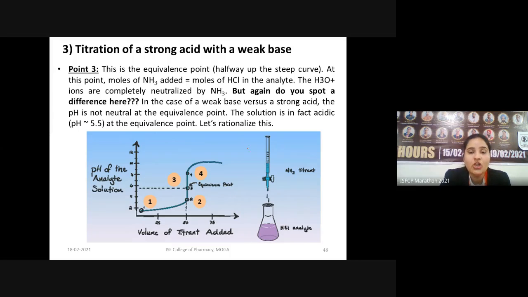At the equivalence point, as we know, the moles of ammonia added will be equal to the moles of HCl present in the analyte. Now the hydronium ions are completely neutralized by the ammonia.